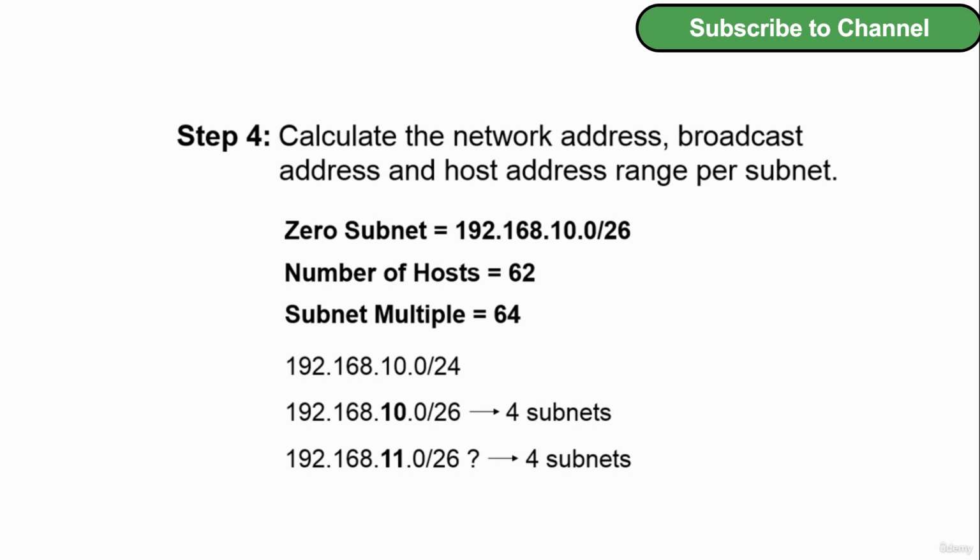So I know the multiple, and I know the number of hosts I can assign each subnet, and that allows me to calculate all of the subnets. I started out with 192.168.10.0/24. Now I'm going to use a /26 subnet mask. I used 10 for the example, but I used 11. So I get 4 subnets. We already know that.